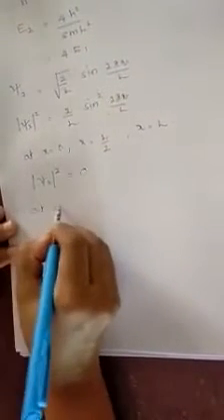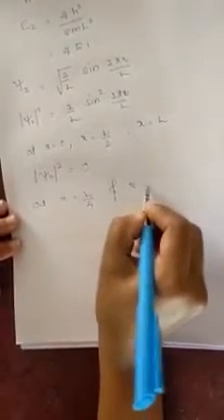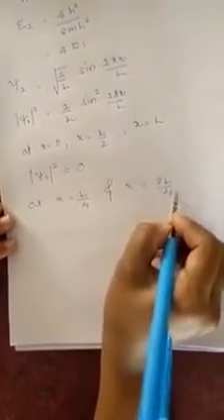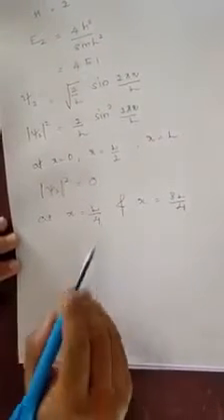And at x equal to L by 4 and at x equal to 3L by 4, the probability to find the particle has the maximum value.